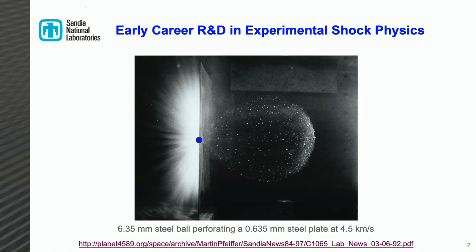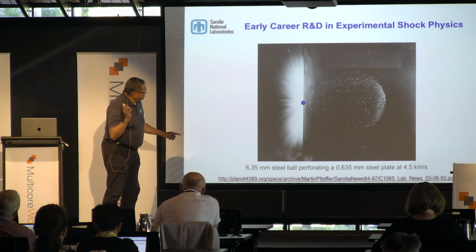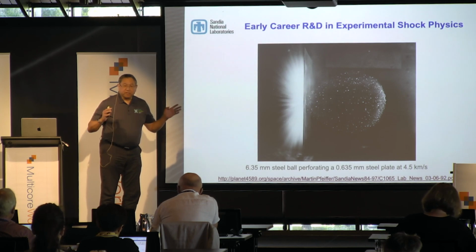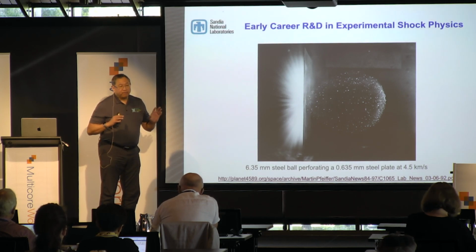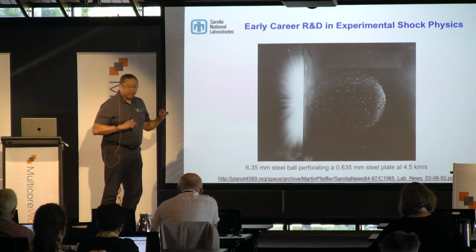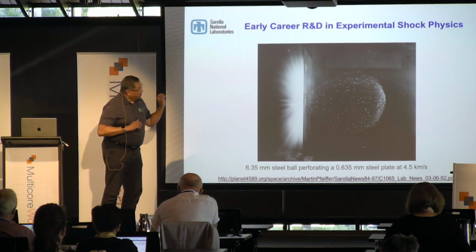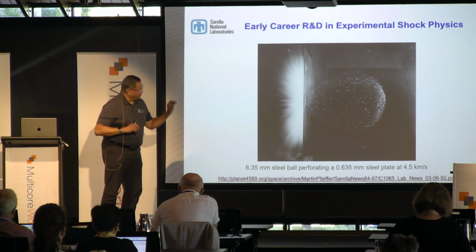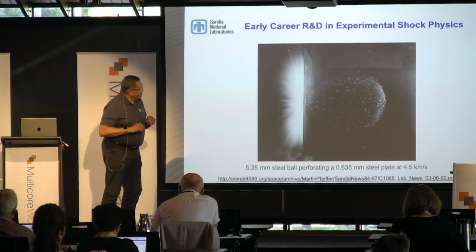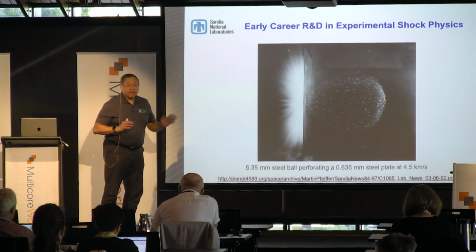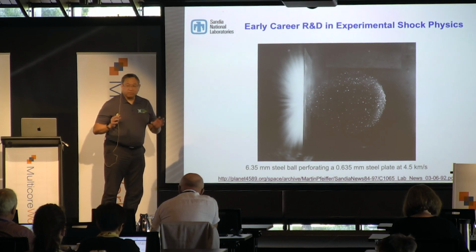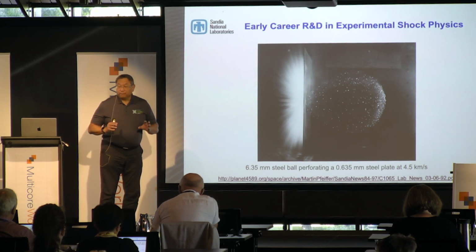This is a quick animation, but basically a 6-millimeter steel ball was moving at 4.5 kilometers per second, and 20 microseconds after impact, the laser was pulsed, and that captured this image from an open shutter camera, which shows on the left-hand side an impact flash, and on the right-hand side, it froze the motion of impact-generated fragments.